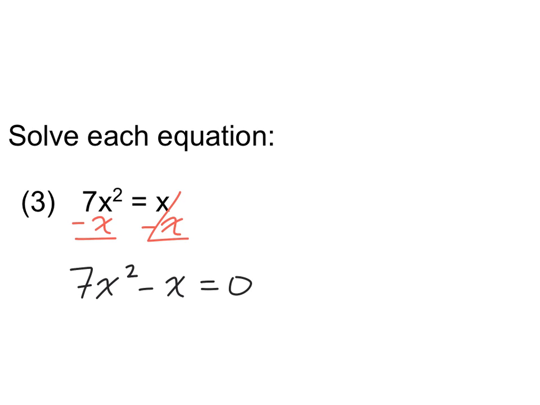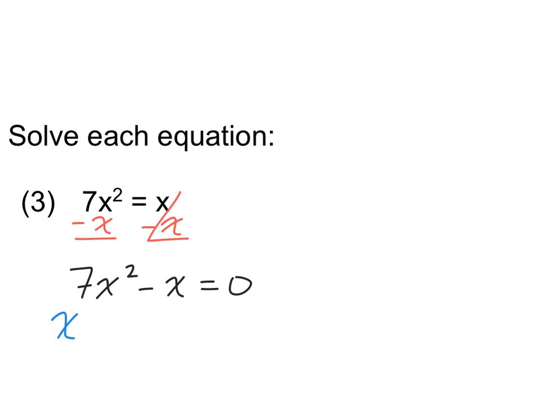There's only 2 terms. Don't count the equals. It's definitely binomial, but is it a difference of 2 squares? That's the only thing that's a perfect square. 7's not, and the x is not. What other technique? Greatest common factor. Always start with the greatest common factor. That should be the first thing you think of, not the last thing you think of.